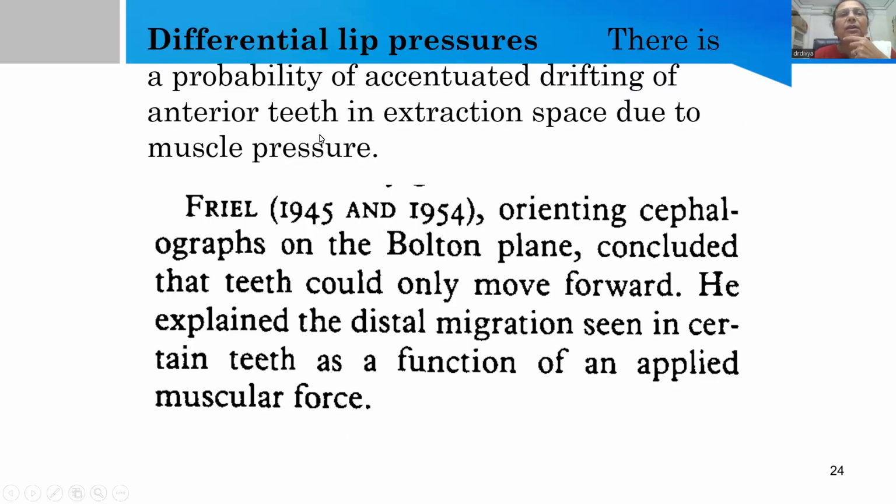Differential lip pressure. There is a probability of accentuated drifting of anterior teeth into the extraction space due to muscle pressure. Therefore, in class 2 there will be a lip trap or an active mentalis muscle and a posterior pull by the orbicularis oris also. So there will be three muscles acting on the jaw or the lower teeth.